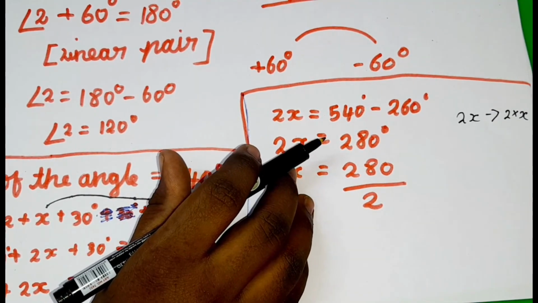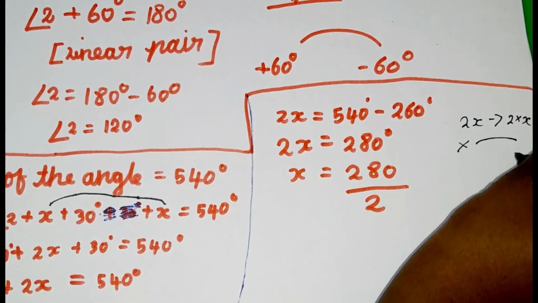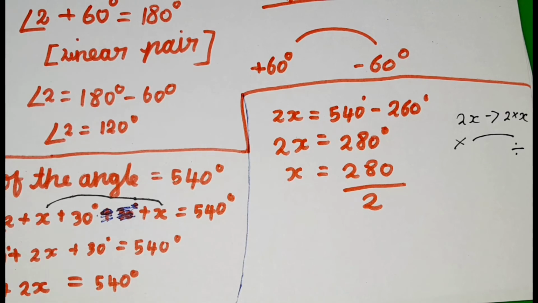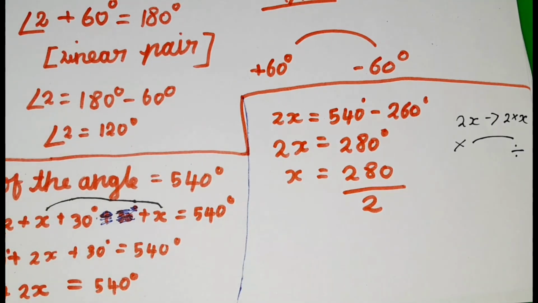So here when multiplication goes to the other side, it becomes division form. Okay, just remember it. When multiplication goes to the other side, it becomes division. So now we have 280 divided by 2.